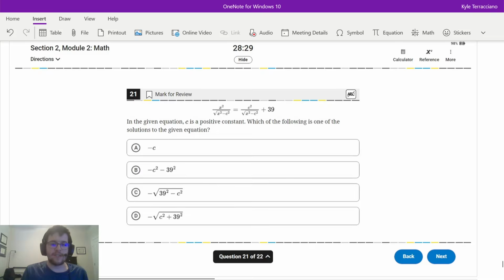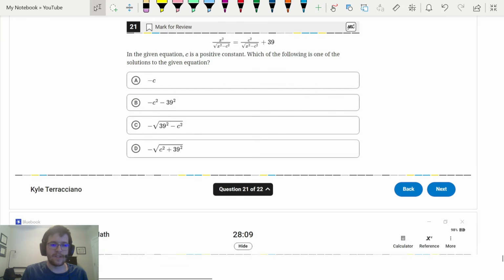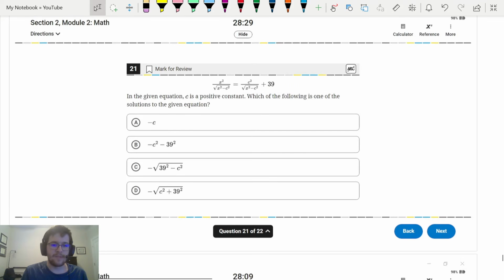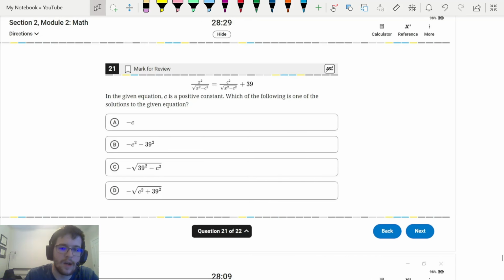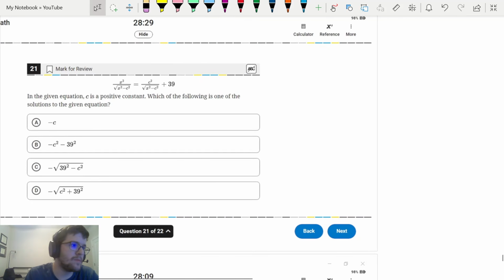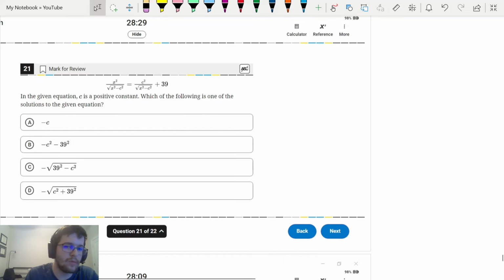Okay, so now these next two questions are two of the hardest, maybe not 21, but 22, definitely one of the hardest SAT questions I've ever seen. So what I did was I saw the least common denominator is square root of x squared minus c squared.